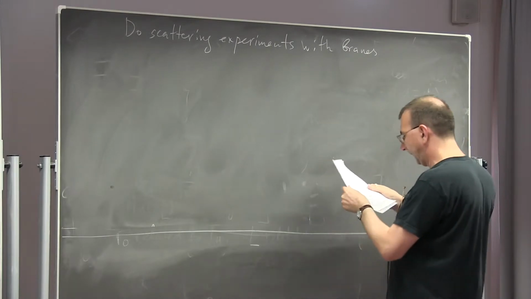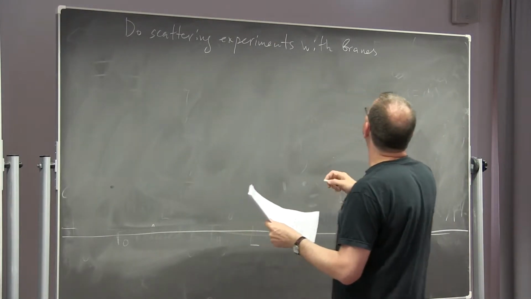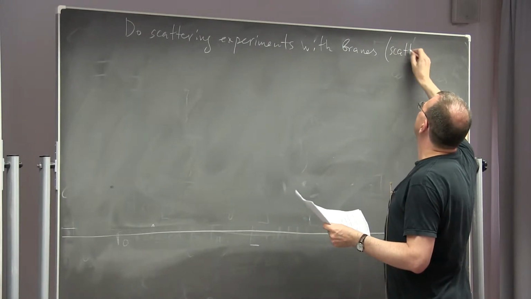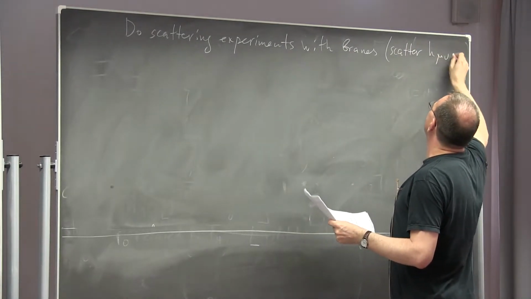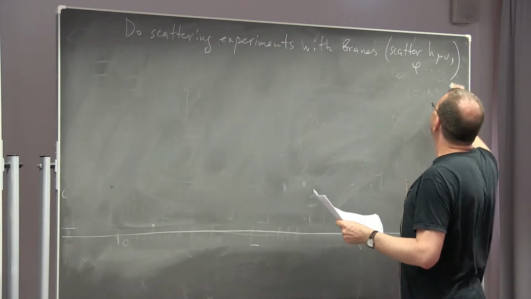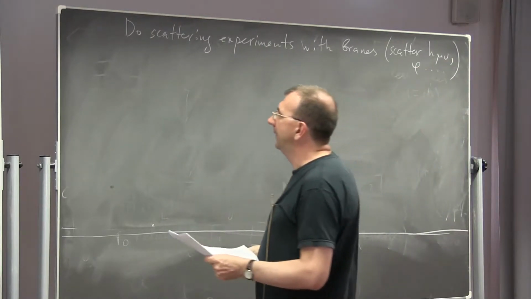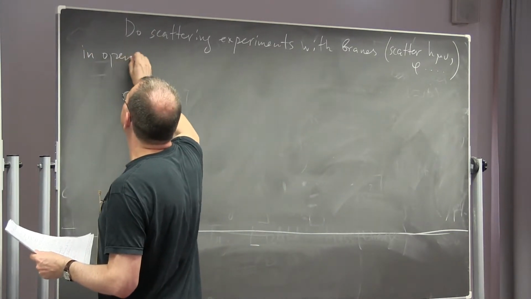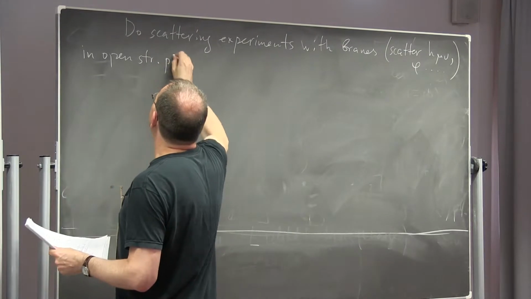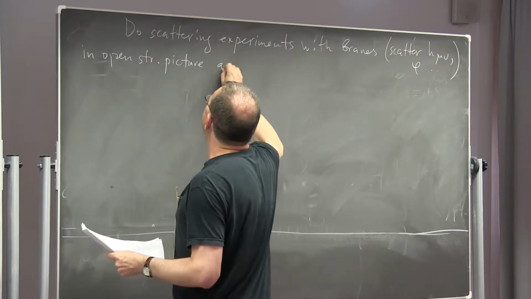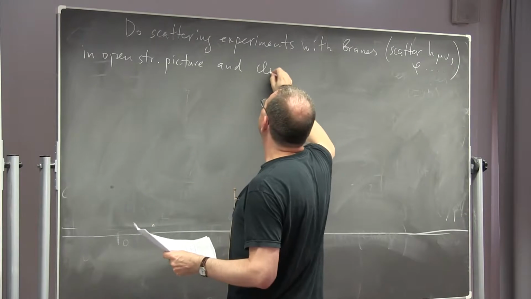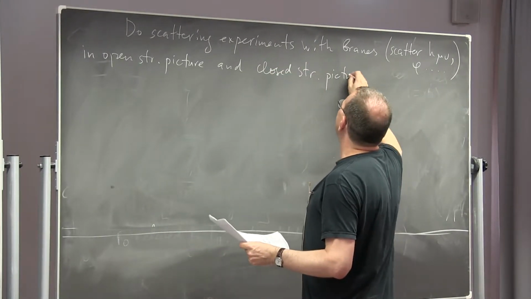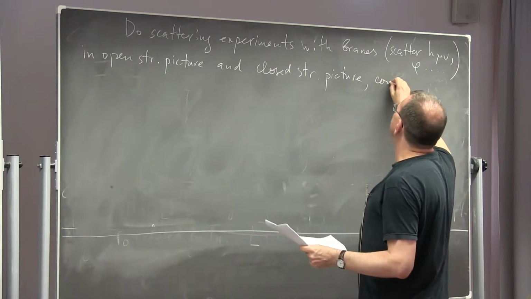So for example, you can scatter the graviton or scalar or some other fields and compare the results, right? So with branes in open string picture and independently closed string picture. And compare.